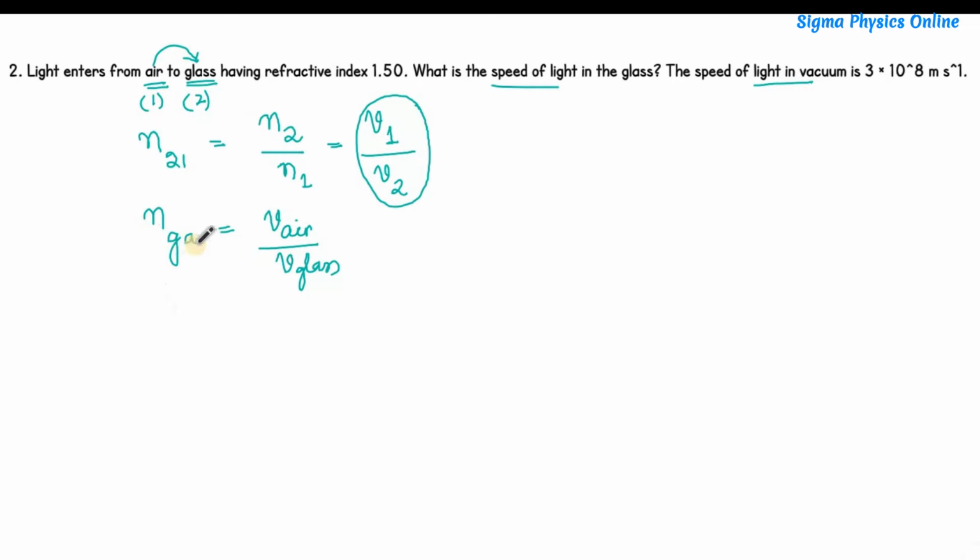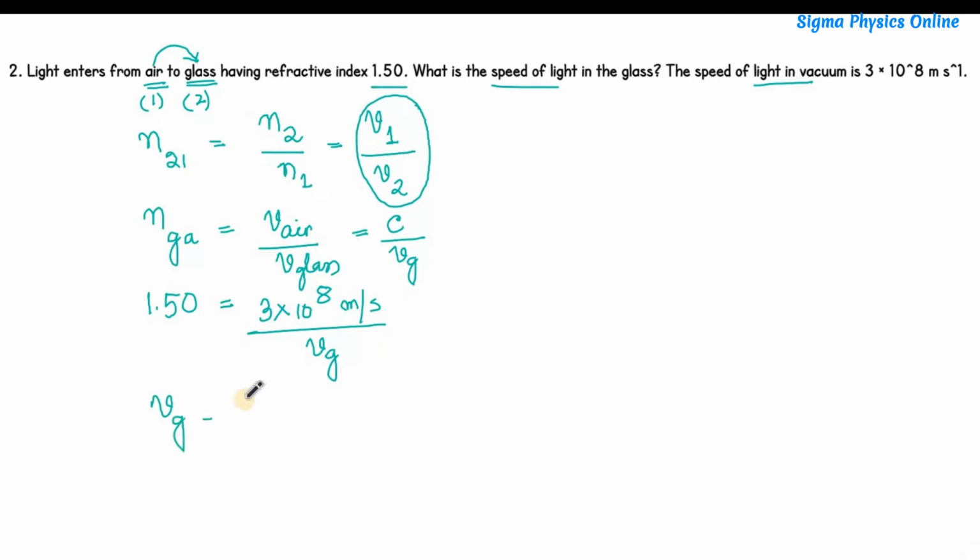Now the refractive index of glass with respect to air is given as 1.50, and the velocity of light in air we also write as c. So it is c by v glass. The velocity of light in air is 3 into 10 to the power 8 meter per second, and the velocity of light in glass we'll have to find out.